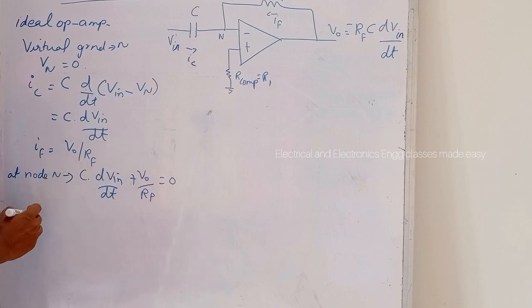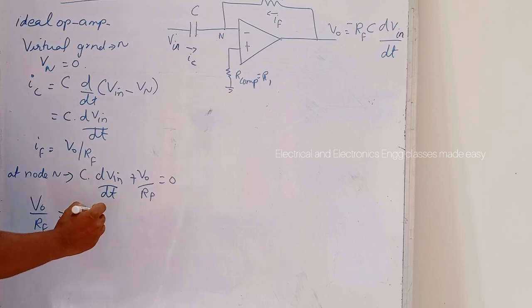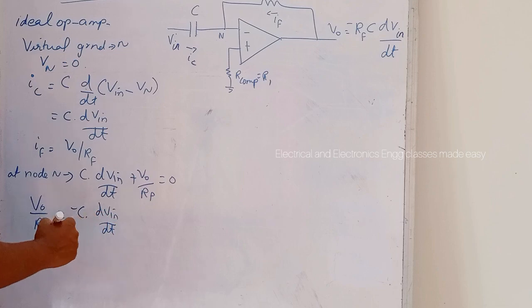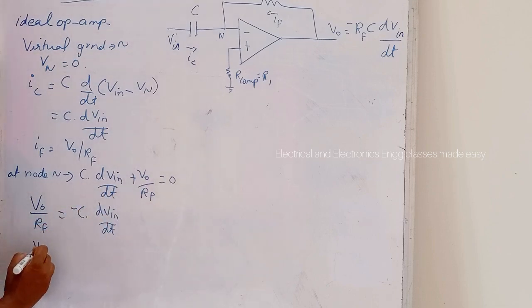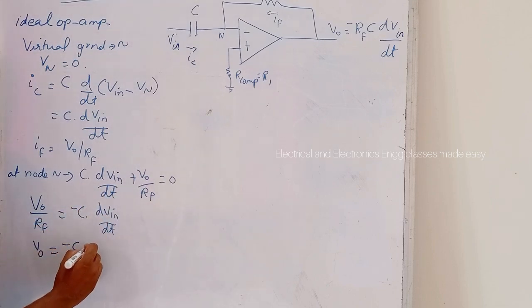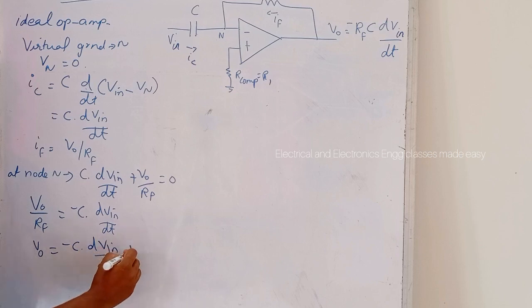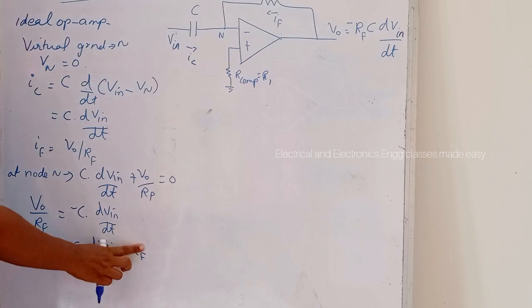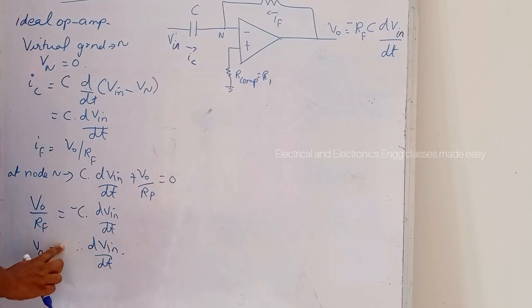Or we can write V0 divided by RF is equal to minus C into dVin divided by dt, or output voltage V0 is equal to minus C into dVin divided by dt into RF, that is RF into C.